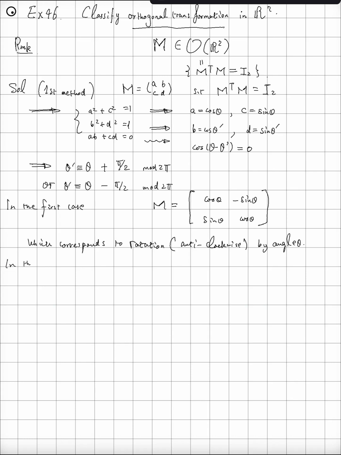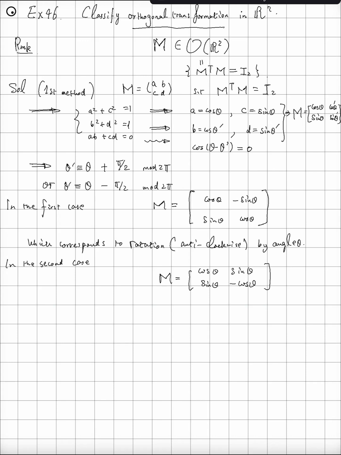The second case, this becomes cosine theta, sine theta; sine theta, minus cosine theta, because as we discussed here, this is saying that we can write our matrix M as cosine theta, sine theta; cosine theta prime, sine theta prime.